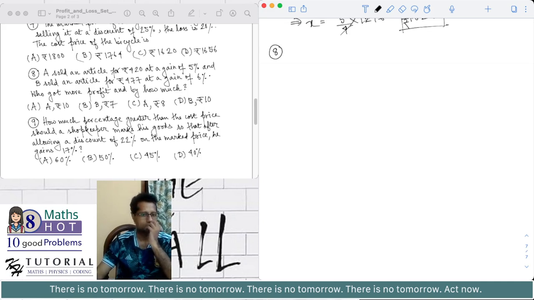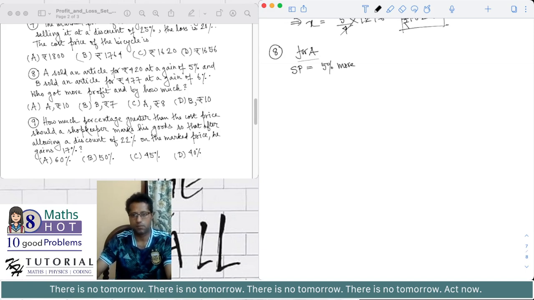Now, the profit is actually the gain percent or profit percent of the cost price. So the cost price is not given. Okay. So let's say for A, the selling price will be equal to, since there is a 5% gain, 5% more than cost price.